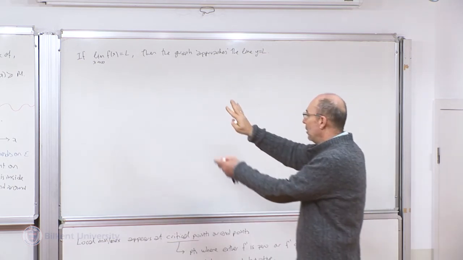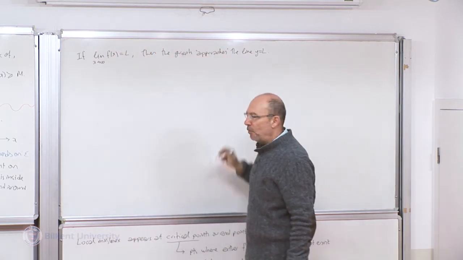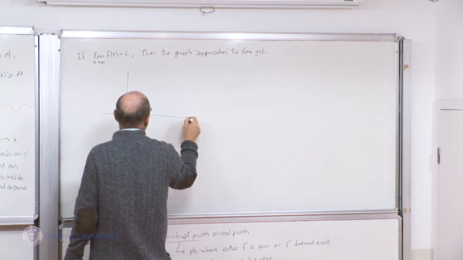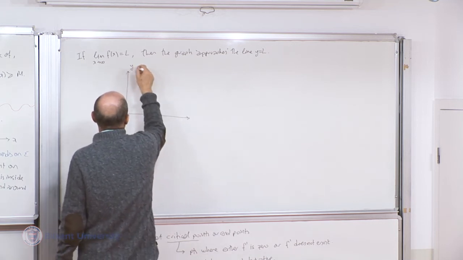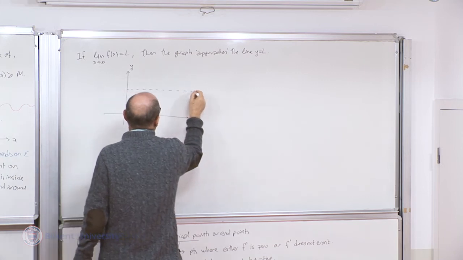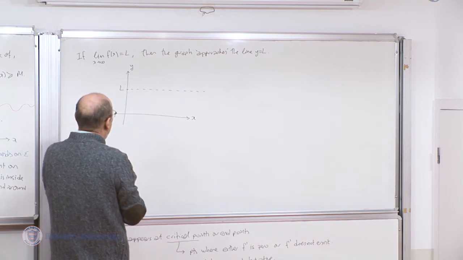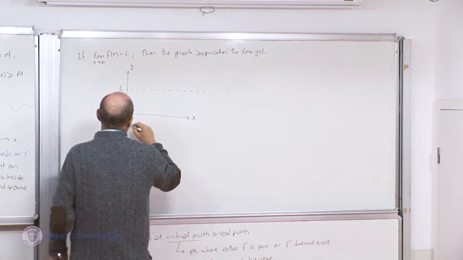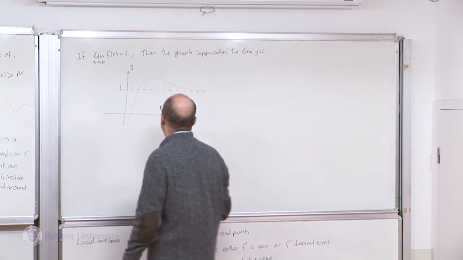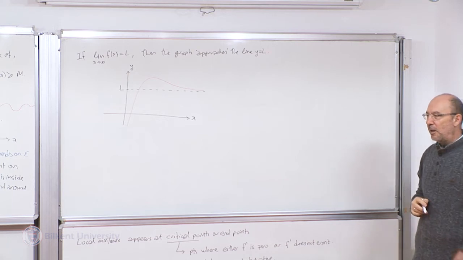We know that, that's what it means. But now we are translating this algebraic statement slightly into geometry. So typically we expect things to be like this. Suppose this point is L. And we expect that, for example, it becomes like this. So you see it is asymptotically approaching the line.